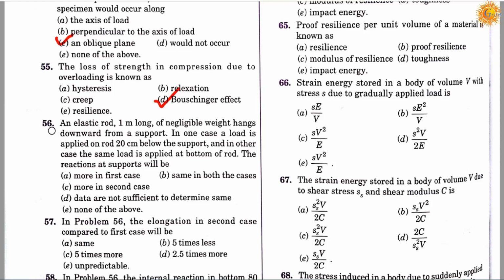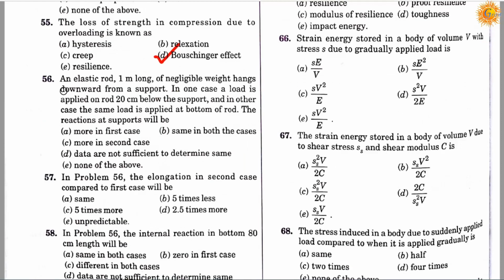Question number 56. An elastic rod 1 meter long of negligible weight hangs downwards from a support. In one case, a load is applied on the rod 20 cm below the support, and in the other case the same load is applied at the bottom of the rod.